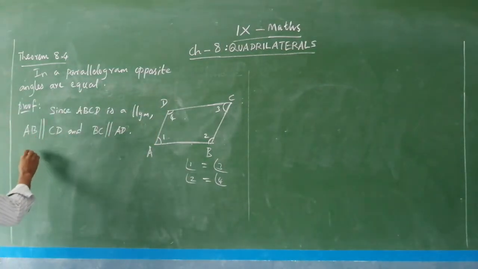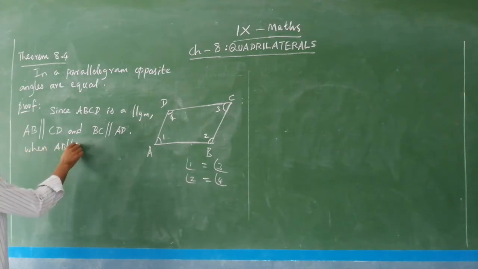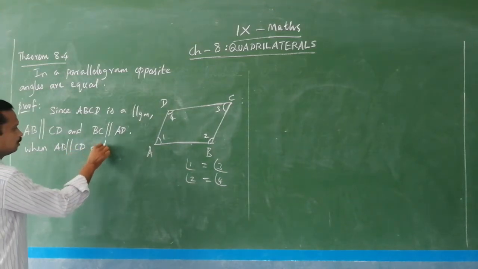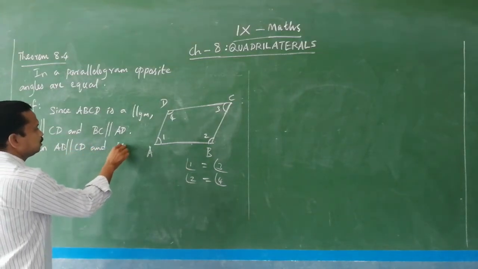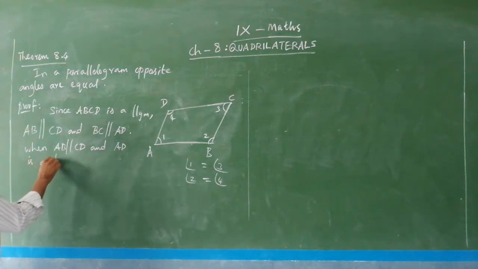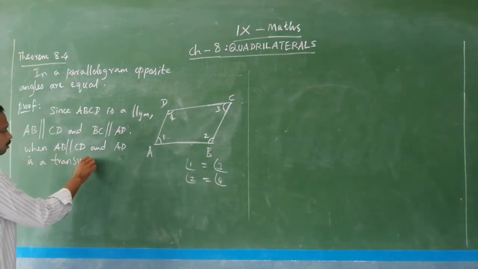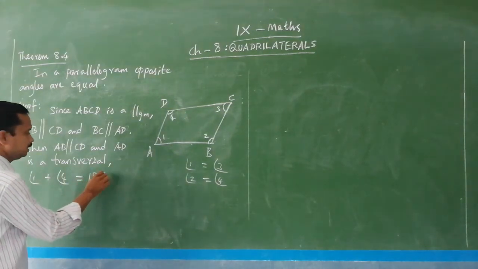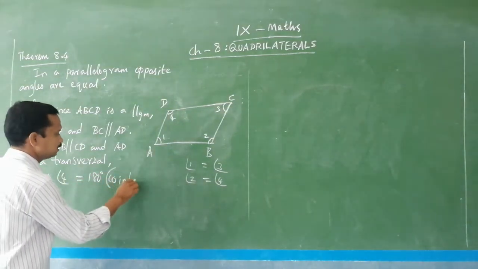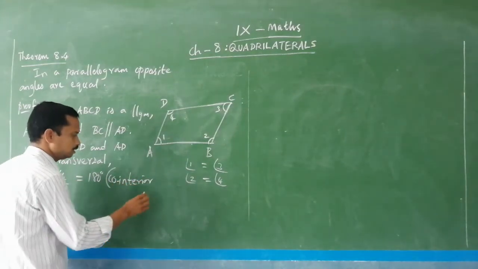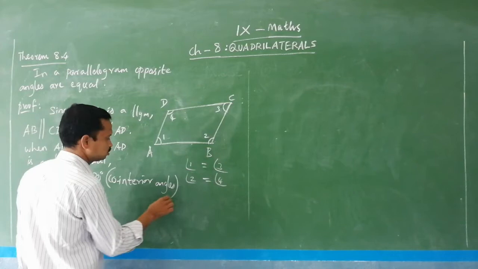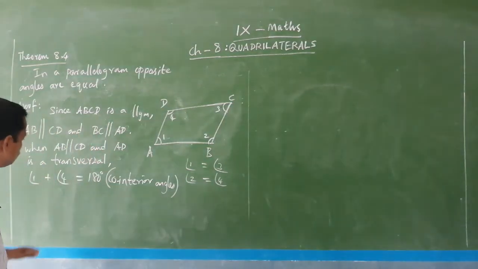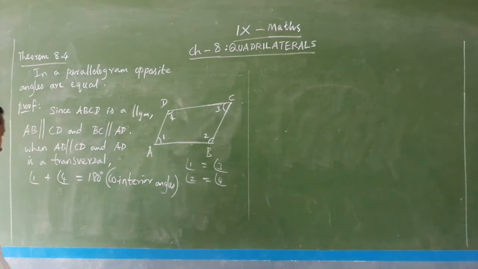So, when AB is parallel to CD and AD is a transversal, then you can have angle 1 plus angle 4 equal to 180 because co-interior angles are supplementary. Supplementary means if you add, you should get 180. So, angle 1 and angle 4 add to 180.